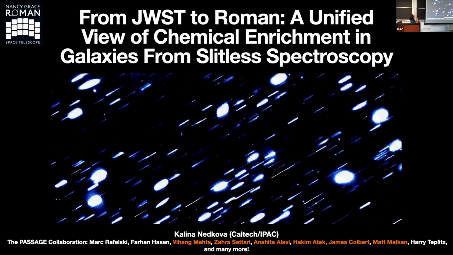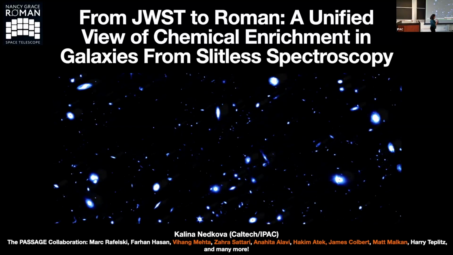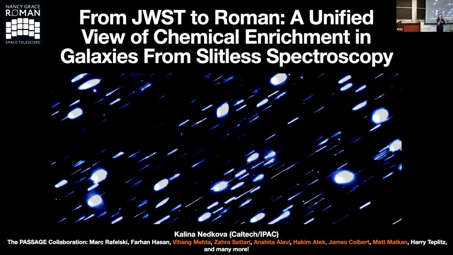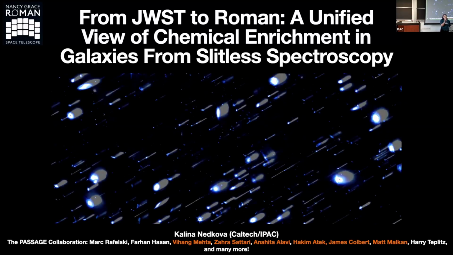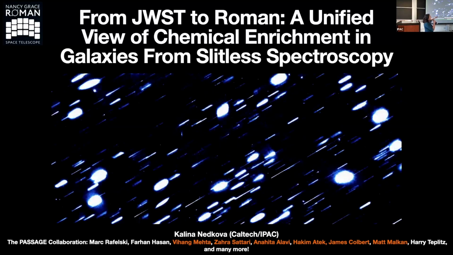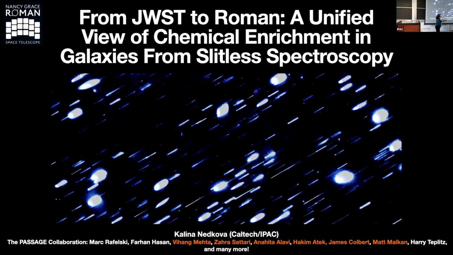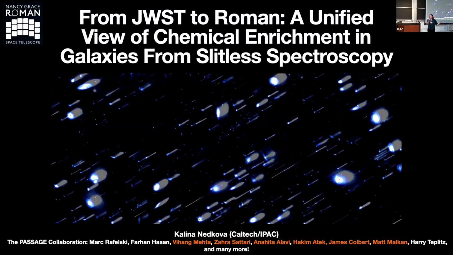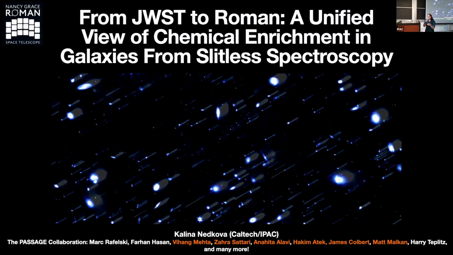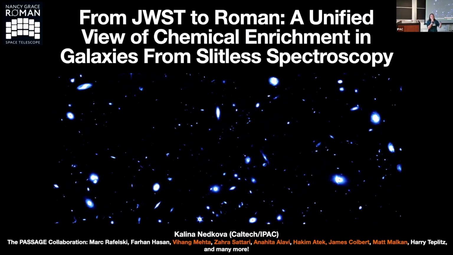GRISM observations are fantastic because you get a spectrum for every single object in your field of view. You can see here that every single galaxy is dispersed along a particular direction. If you look very carefully, you can already begin to pick out some emission lines by eye.